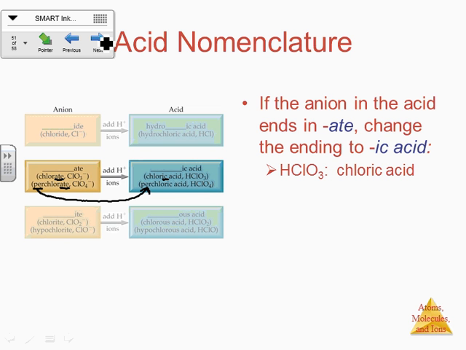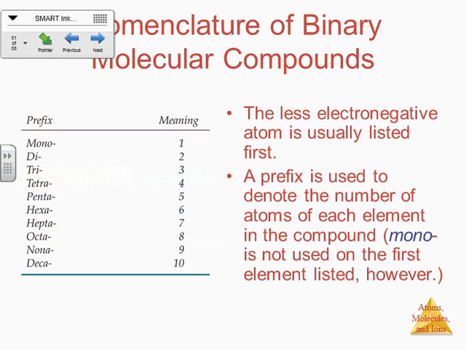I should mention, when we're naming and writing formulas for acids, typically we're thinking of acids as things that have hydrogen in the front of them. That's how you're going to be able to identify those, and it's easy to forget, oh yeah, there's a hydrogen in the front there, so this is an acid. So you just really got to pay attention to that.